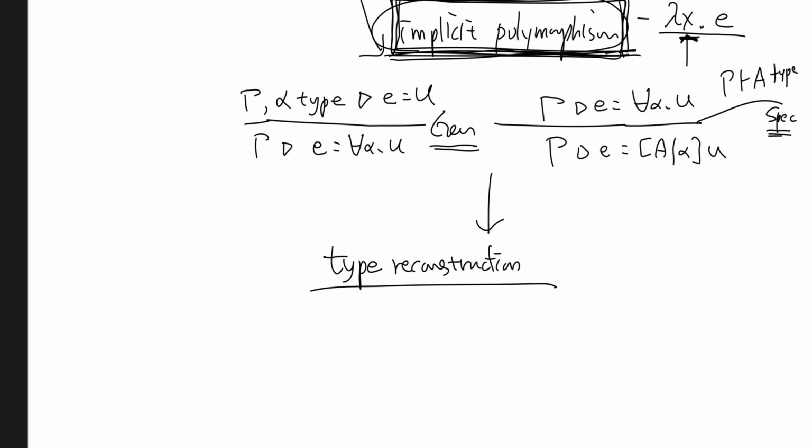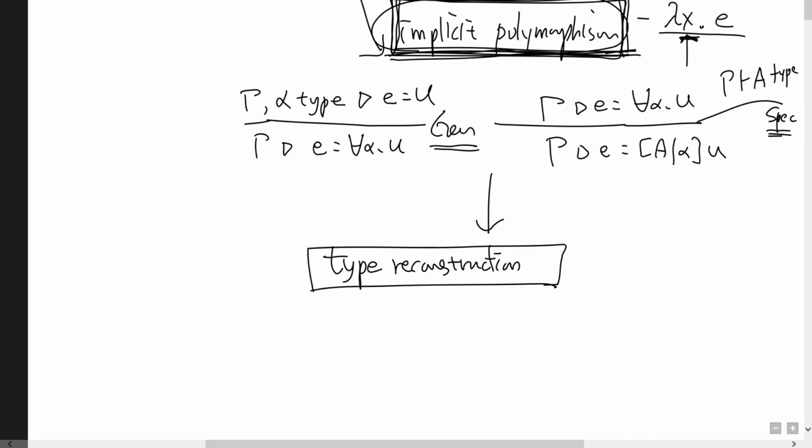For example, the type reconstruction problem could be formulated like this. You are given a program E, a closed expression with no free variable, so you can think of it as your source program. This is the input.